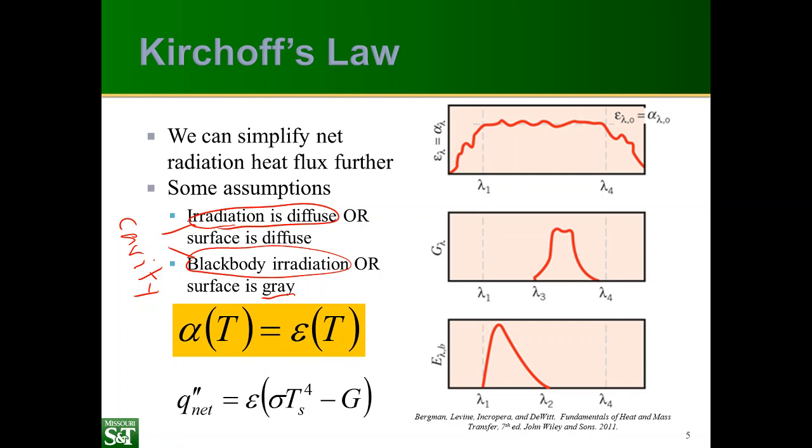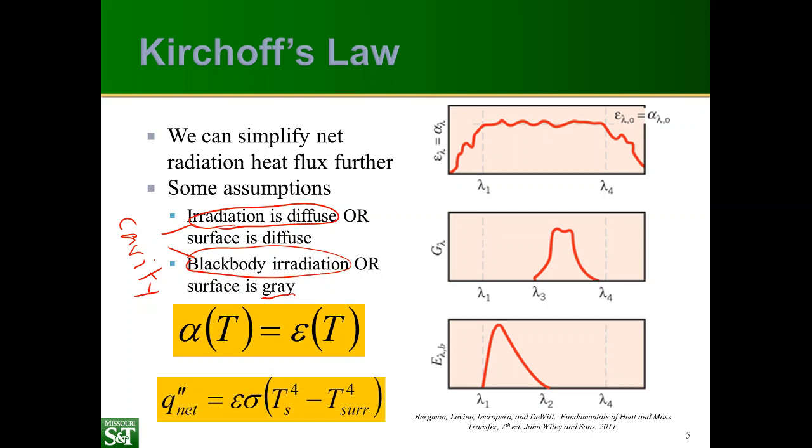Now, if you have a cavity with black body irradiation, you can further modify this to replace G with the Stefan-Boltzmann law for the surroundings, so sigma T surroundings to the fourth. And you get the radiation exchange from the large surroundings that act like a cavity to the object that we're looking at.